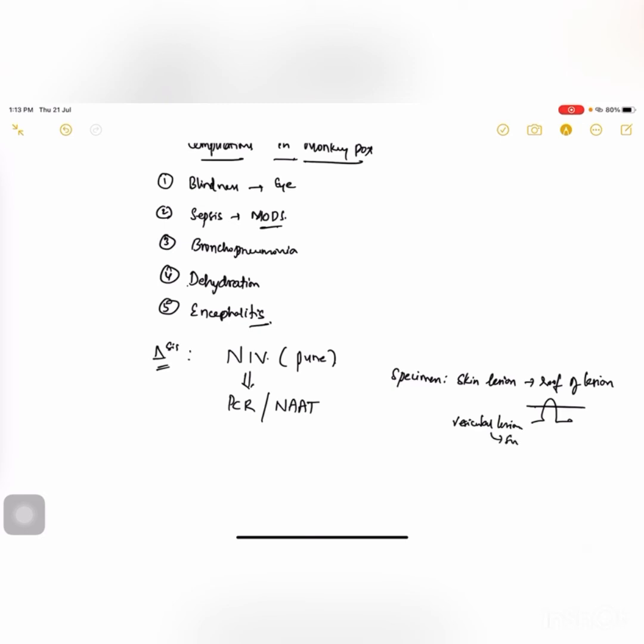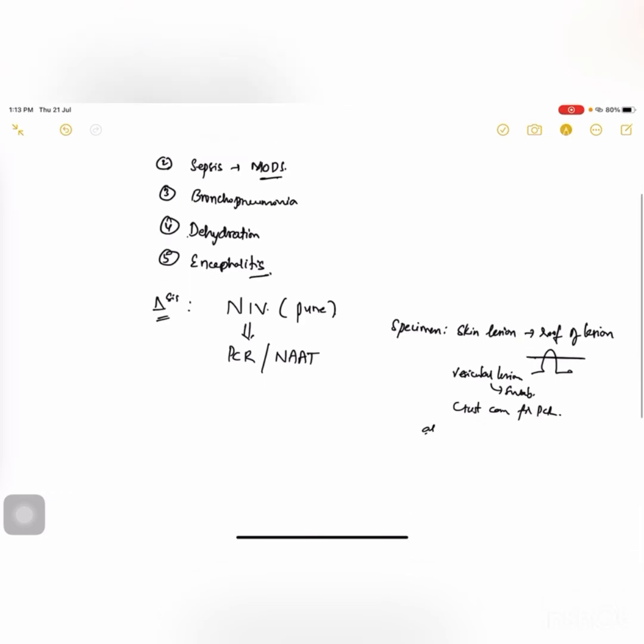A vesicular swab is taken. Then crust can also be used as specimen for PCR. At least 2 lesions should be taken for PCR analysis.